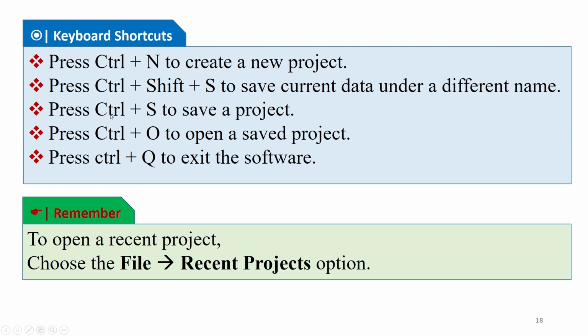To save the project, it is Control plus S. So this is save and this is save as. Press Control plus O to open, and Control Q to exit from the software. If you want to open a recent project that you have worked upon, simply click on File and click on Recent Projects.